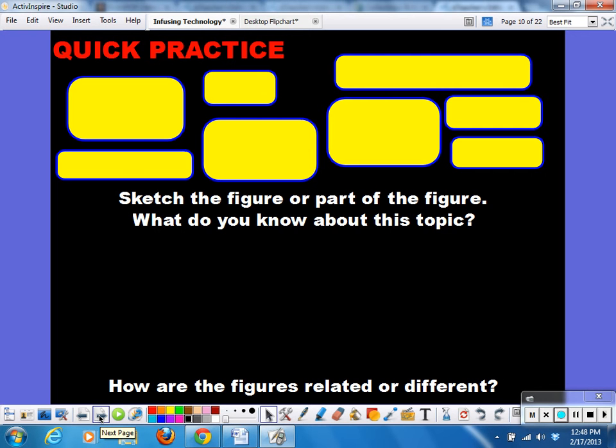Another real simple technique is to apply an action to a shape. So a student would come up, they'd click on this, they'd have another student come up, or they themselves would sketch a picture of the word.